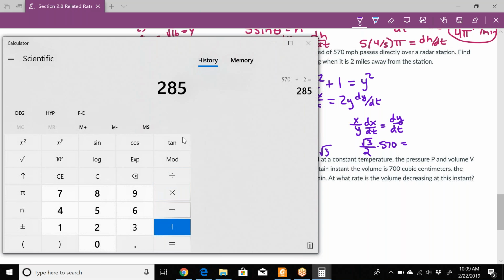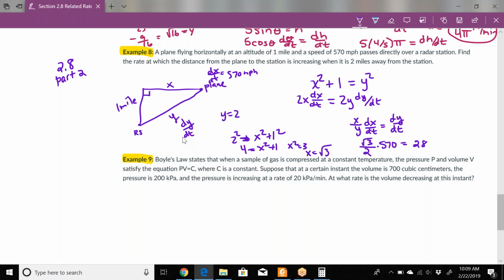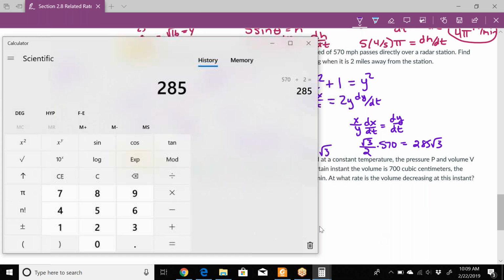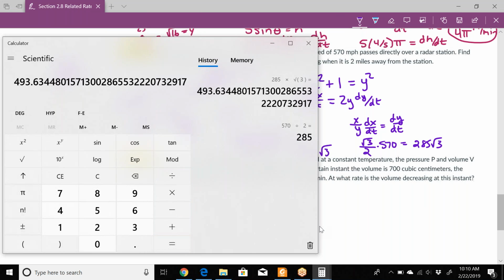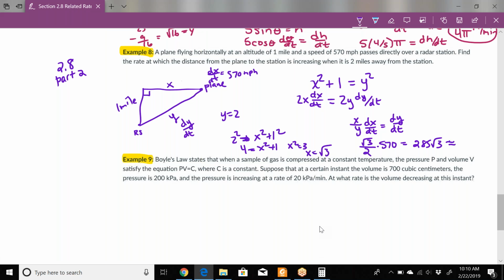So this ends up being 285 square root of 3. Sorry, my calculator is being a little funny. That's 494 if we round to the nearest whole, and that would be in miles per hour, because remember, this is the change in distance over time for the increase.